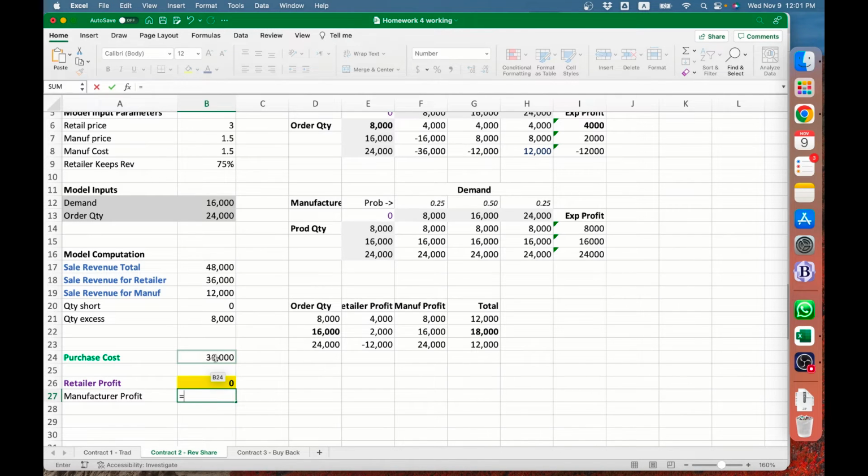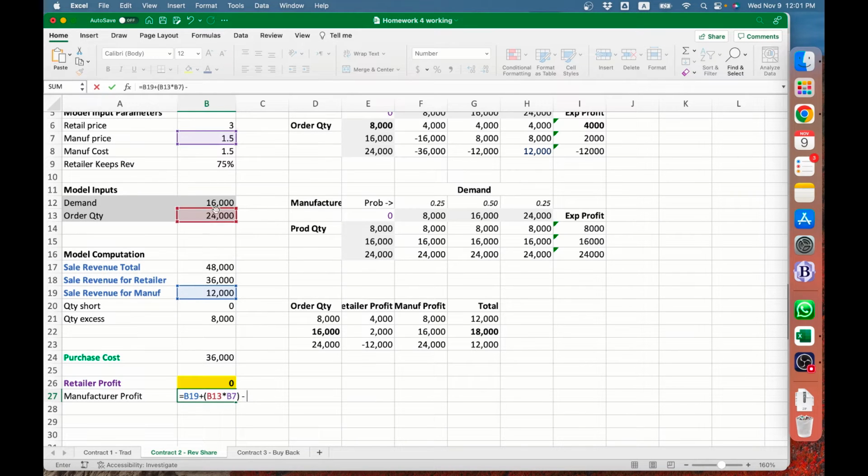This is revenue for the manufacturer. Plus, they also have this revenue share, so it gets this 12,000. Plus they get, you could just add this number, or you could just do it from order quantity. The order quantity times 1.5, that is how much money they get, minus the cost. What is their cost?